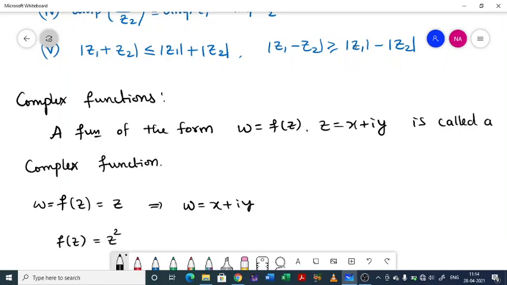f of z equal to z square. So this will be w, right? So this becomes w equal to x plus iy whole square.